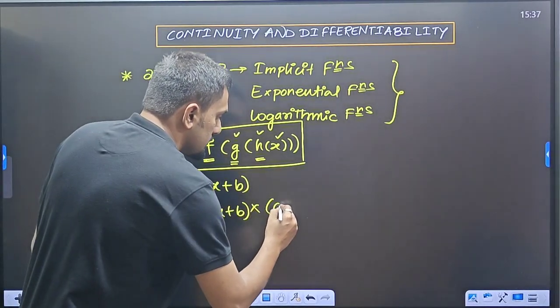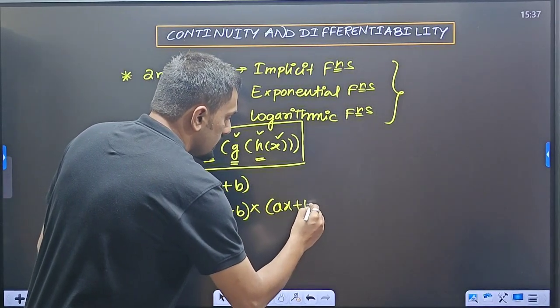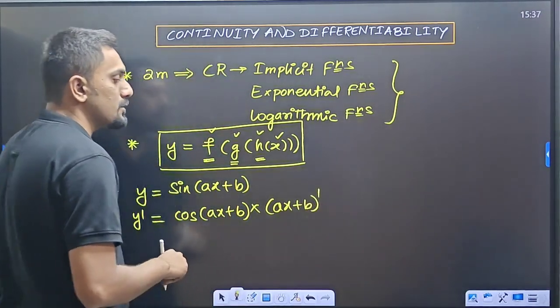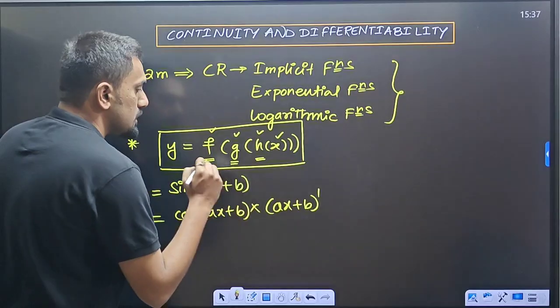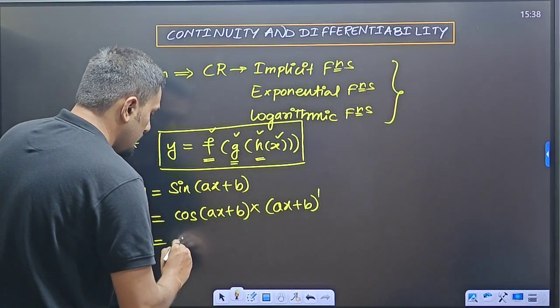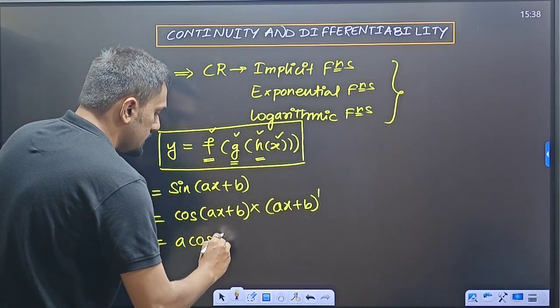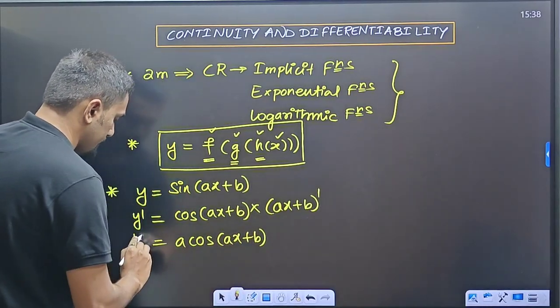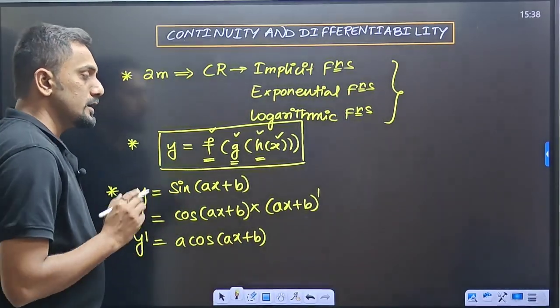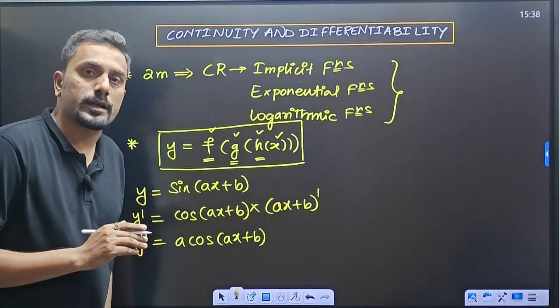It becomes the derivative of ax plus b, and that is given by (ax plus b) dash. If I differentiate this ax plus b, then it becomes a. So the answer is a cos of ax plus b. Right? I took a very simple example.